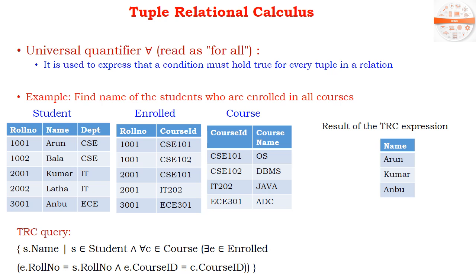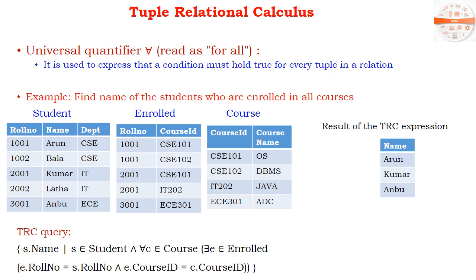So what is the condition? E.rollnumber, that is the enrolled roll number, should match the student roll number, and the enrolled course ID should match the course ID. If satisfied, then it will filter and show.